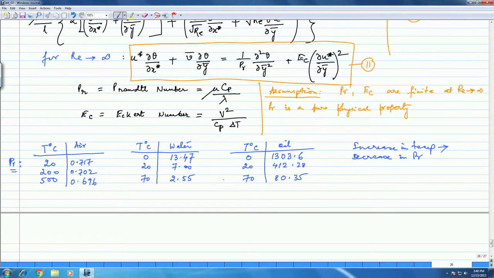Now, for air, you see that even for 20 degrees, you can compare, it is extremely less, it is 0.7, right? If you go up to 500, then you get around 0.7, which is nowhere close.